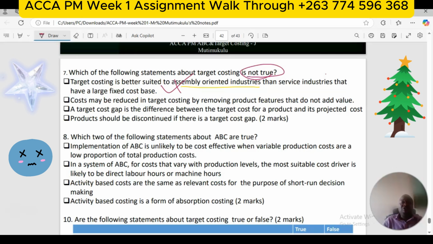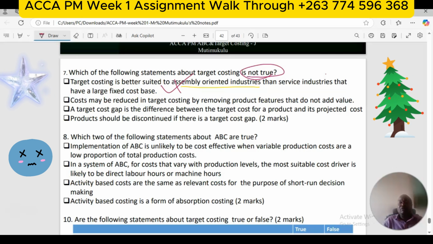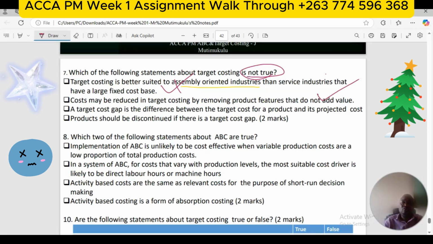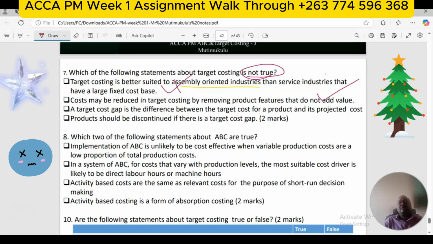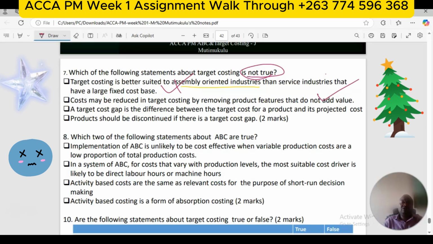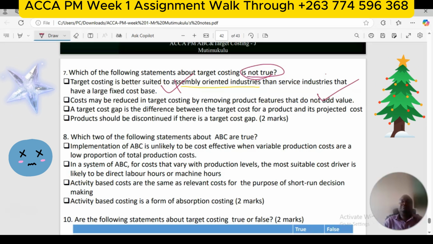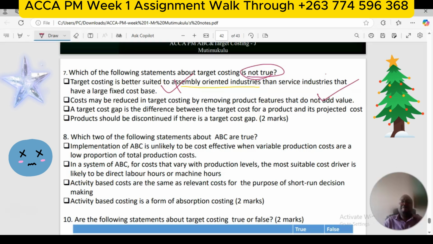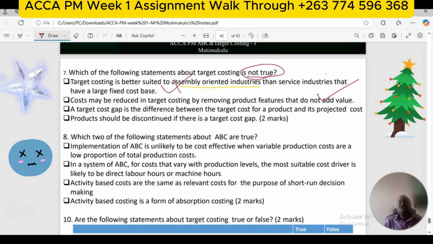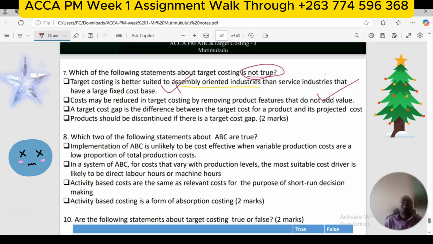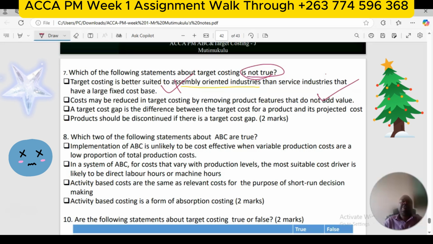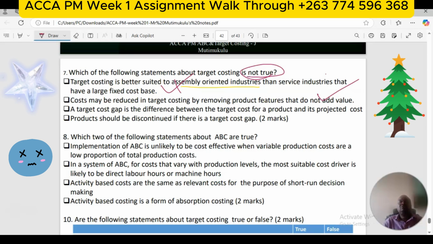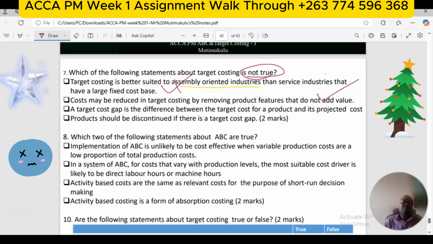Costs may be reduced in target costing by removing product features that do not add value. This is again true. If we have determined that the target cost is actually lower than the actual cost, what do we do?